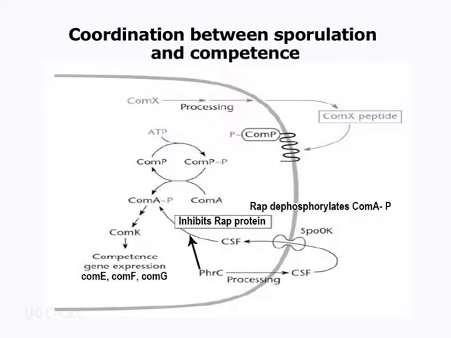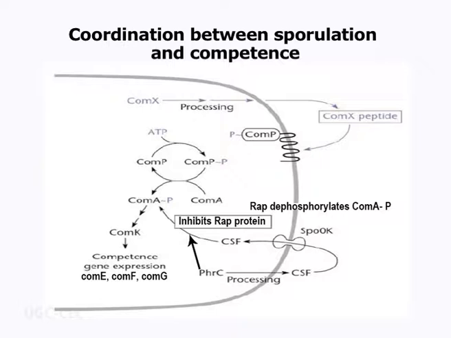When Bacillus subtilis reaches a stationary phase, the cell acquires competence and some others will sporulate. So at this stage we will see that there are two categories of cells. Some are acquiring competence, others are undergoing sporulation. To coordinate sporulation and competence, Bacillus subtilis produces certain regulatory peptides.